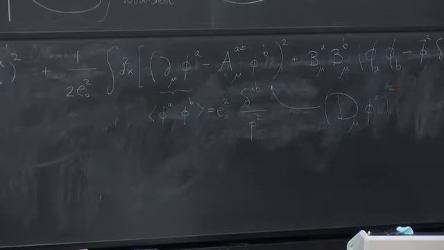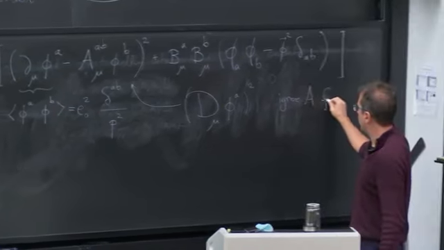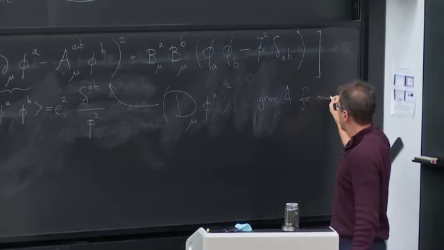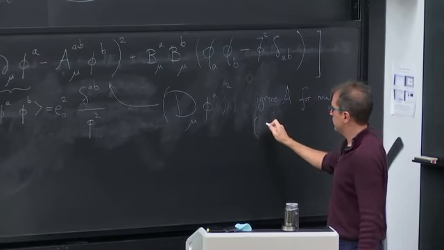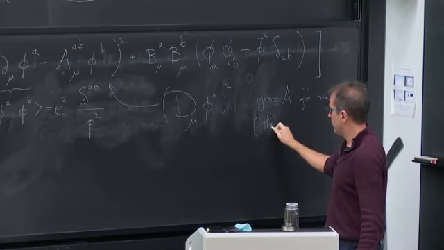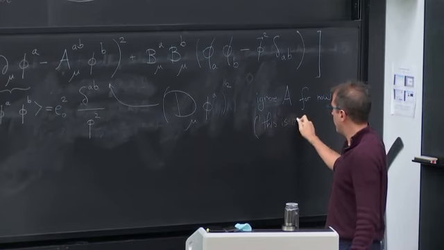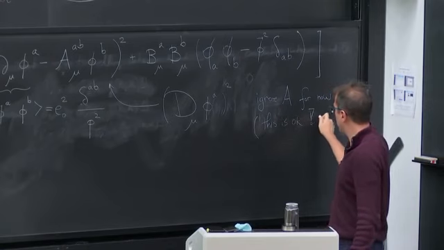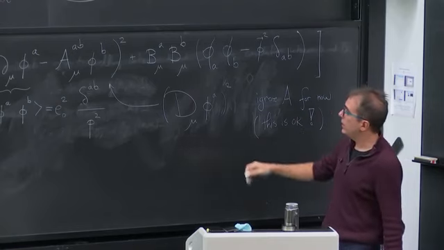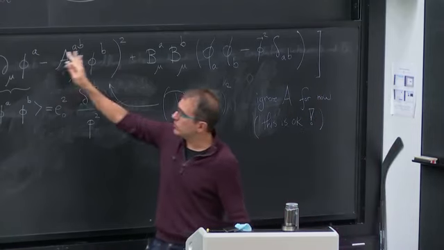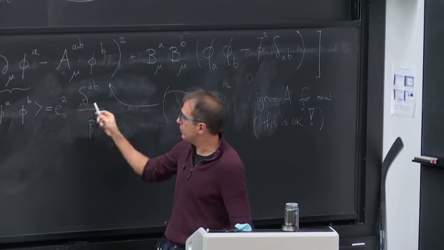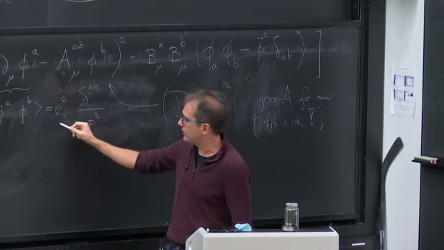So we ignore A for now. And I will explain in a second why we can ignore A, but for now, let's ignore A. And all we take from this first term is that phi is a massless field with propagator 1 over p squared times E0 squared.